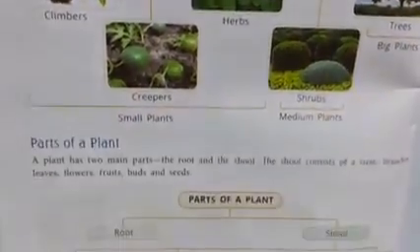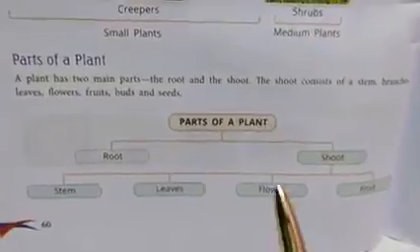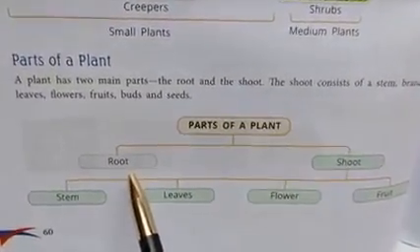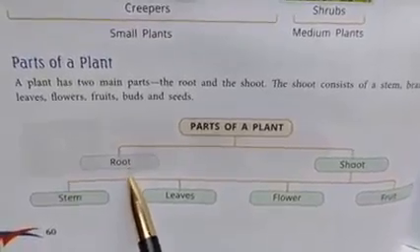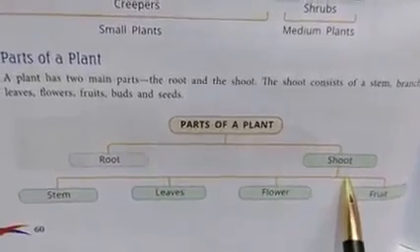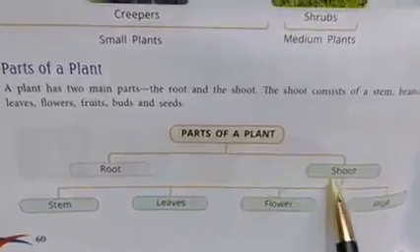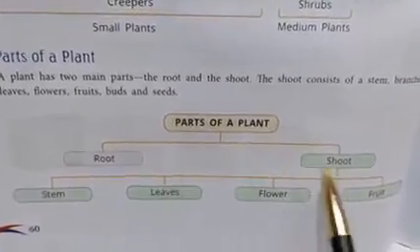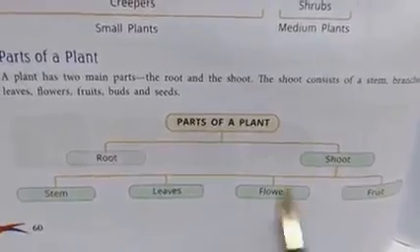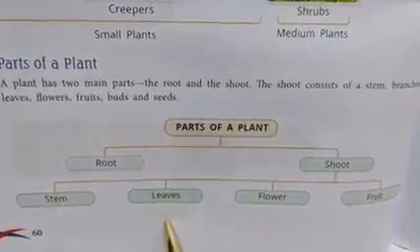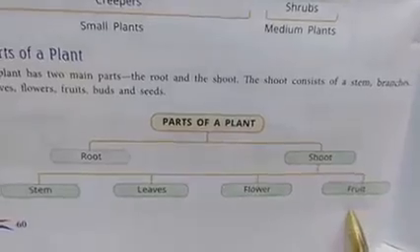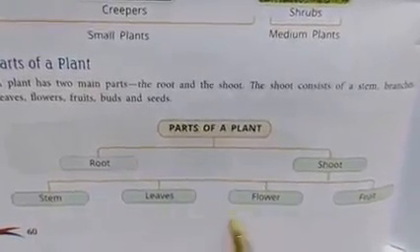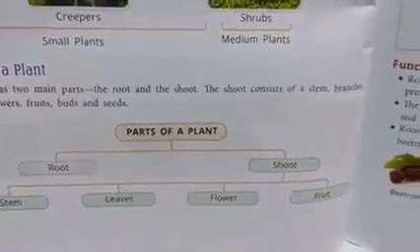Now let us see the parts of a plant. The plant has two main parts, the root and the shoot. Root is not further divided, but shoot is further divided into stem, leaves, flower and fruit.